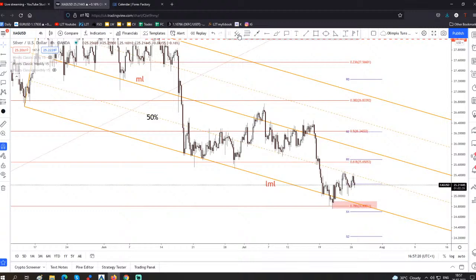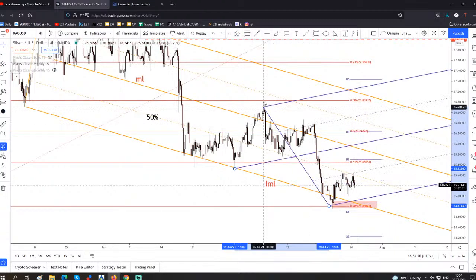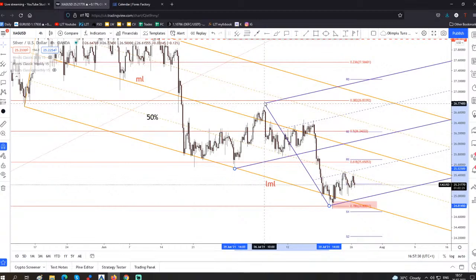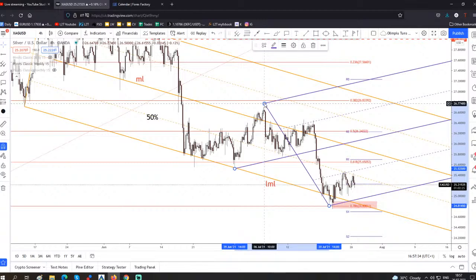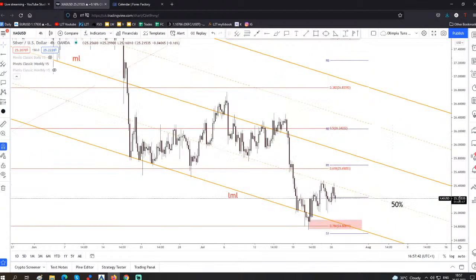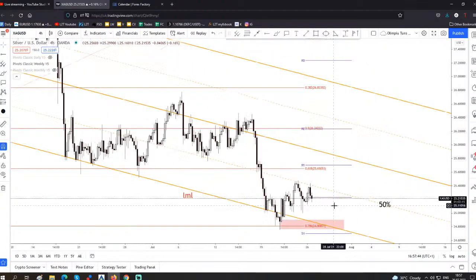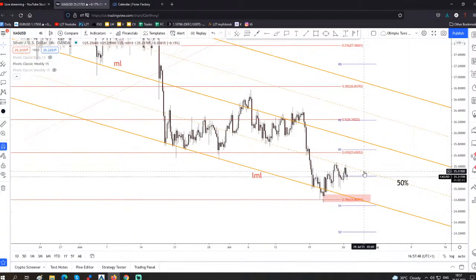Maybe we can draw something like this. Let's take a look. Or maybe something like this. But right now we can say only that the price of silver has found temporary resistance here right above the weekly pivot point at the 50% Fibonacci line downside.